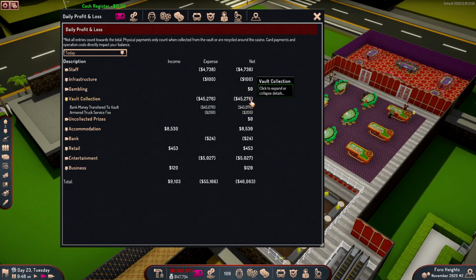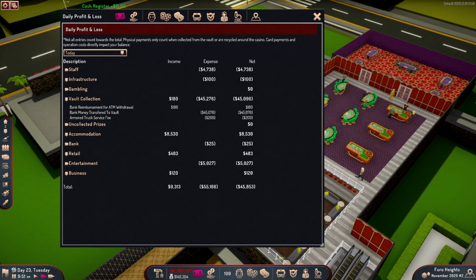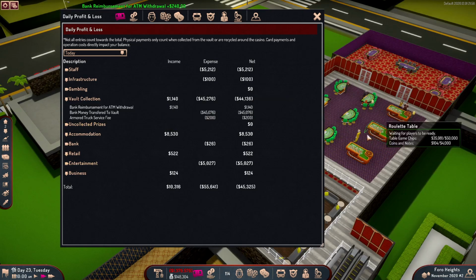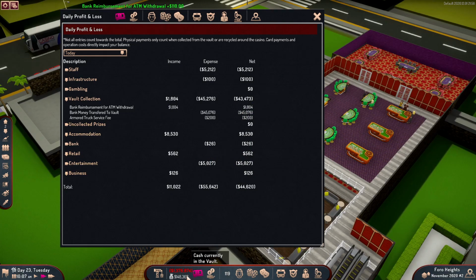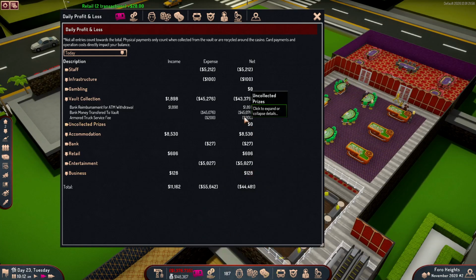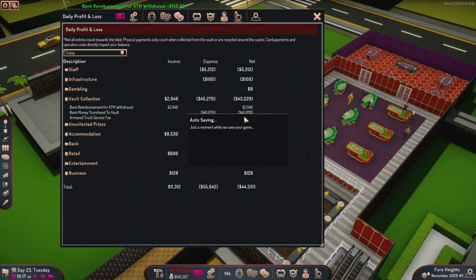I had $45,000 deposited into my cash vault from the bank because I needed to make sure I had enough cash in my vault to replenish everything going on in my casino. Kind of stinks that I had to take out an additional $45,000, but it also works the other way around too, and I'll show you how you can start making a profit as well. That's just kind of a bad example with what's going on with my money in my casino. However, the casino is getting busier, so therefore I needed more money.